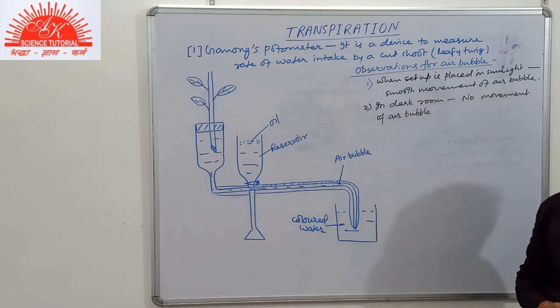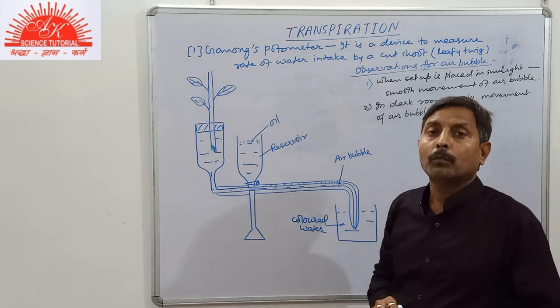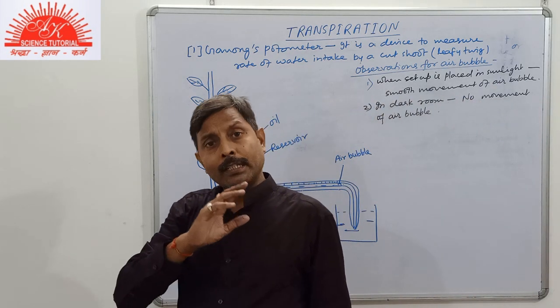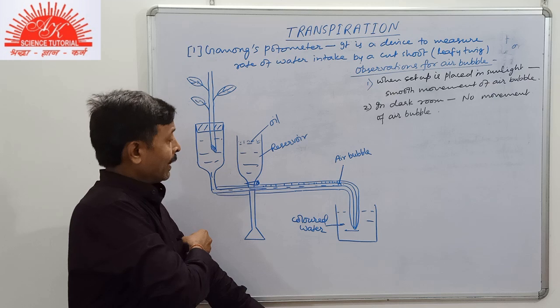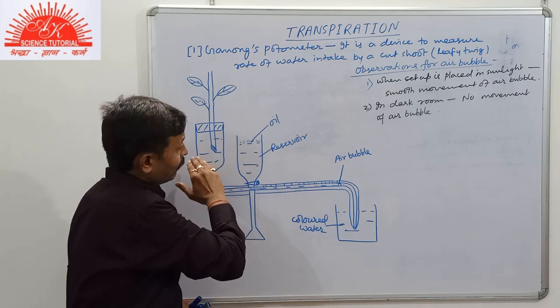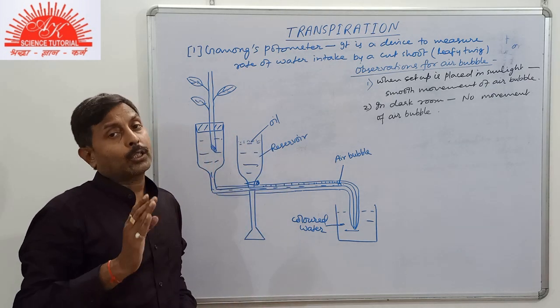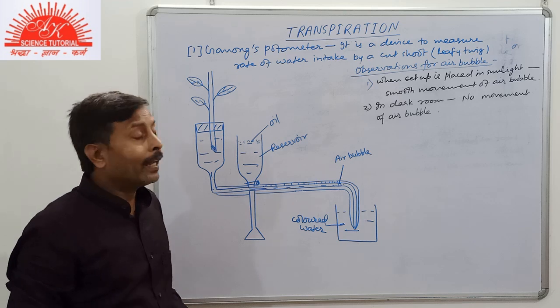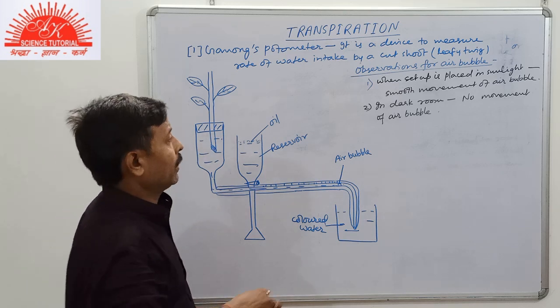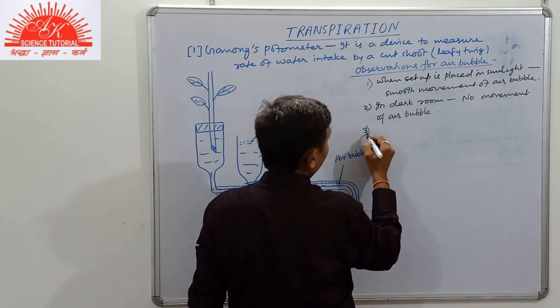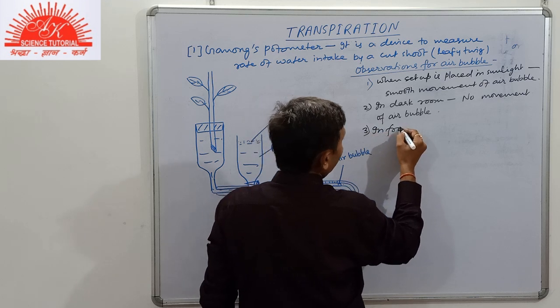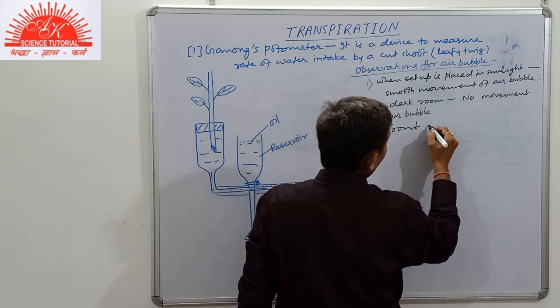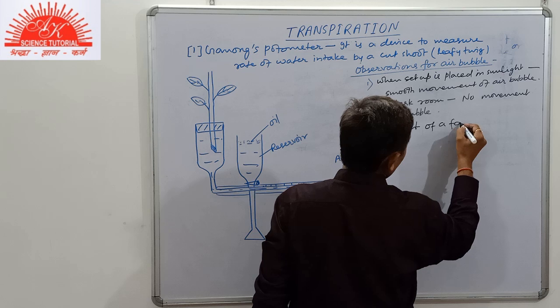The reason is that when setup is placed in dark room, there will be no transpiration taking place. Since in darkness there will be no photosynthesis, stomata will be closed, and hence there will be no transpiration. Third, in front of a fan.